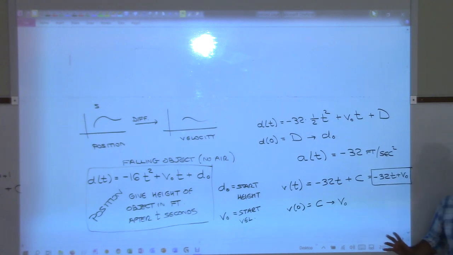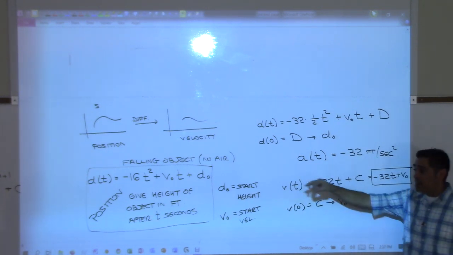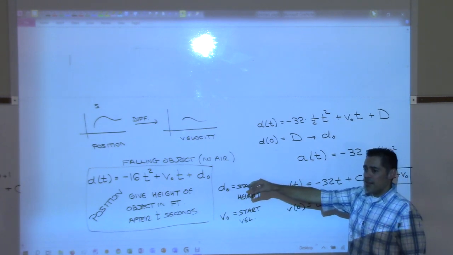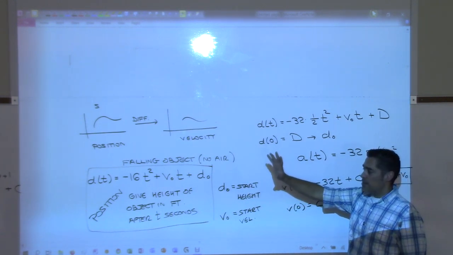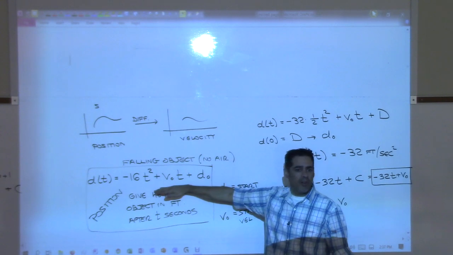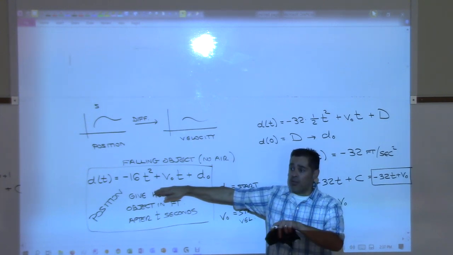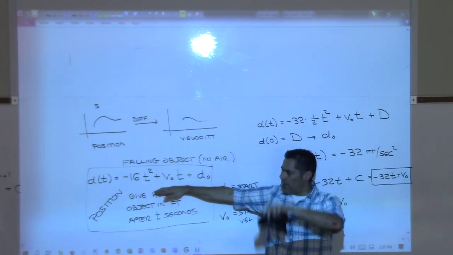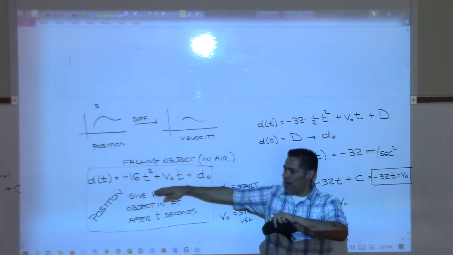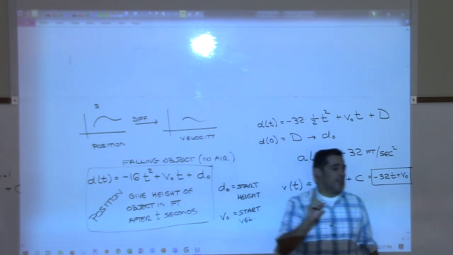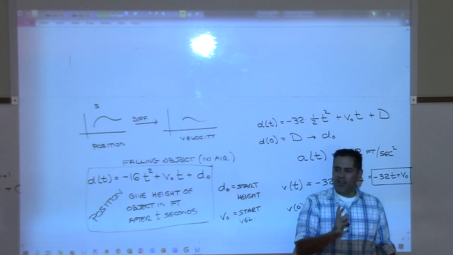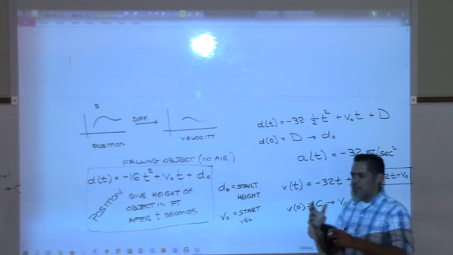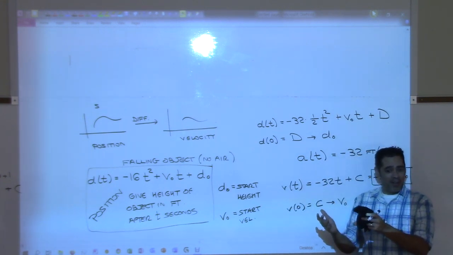What I'm getting at is if you know the acceleration of gravity on whatever planet you're on, no matter what planet it is, you're always going to have a quadratic function that models how fast something falls. Always, as long as your acceleration of gravity is constant. If your acceleration of gravity on the planet were changing, that would be a very interesting planet, wouldn't it?